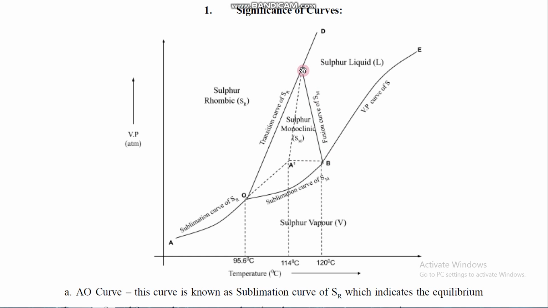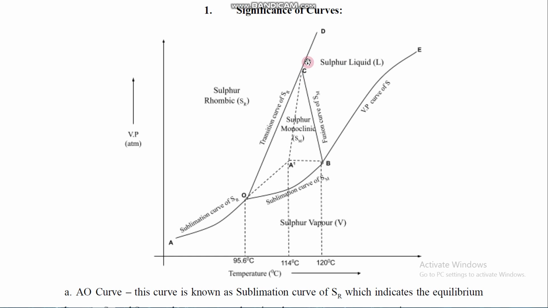The next curve is the CD curve. It is known as the fusion curve of rhombic sulfur, and it indicates the equilibrium between sulfur rhombic on the left-hand side and sulfur liquid on the right-hand side. Again the degree of freedom is 1, and the system is univariant along the curve CD.